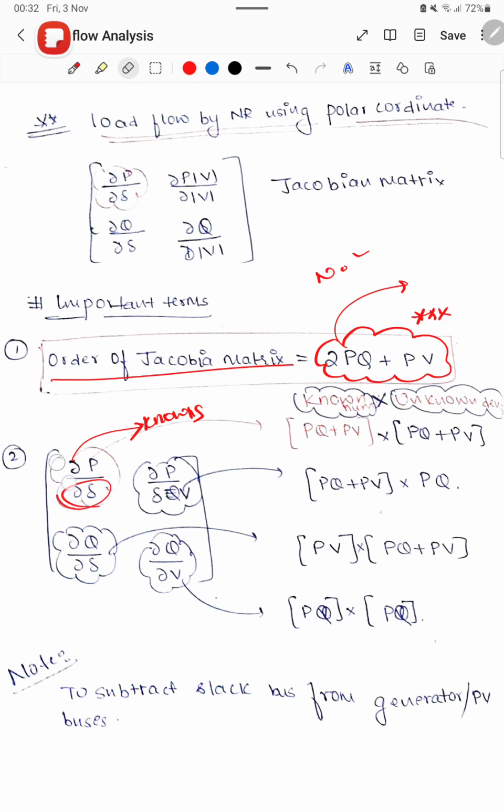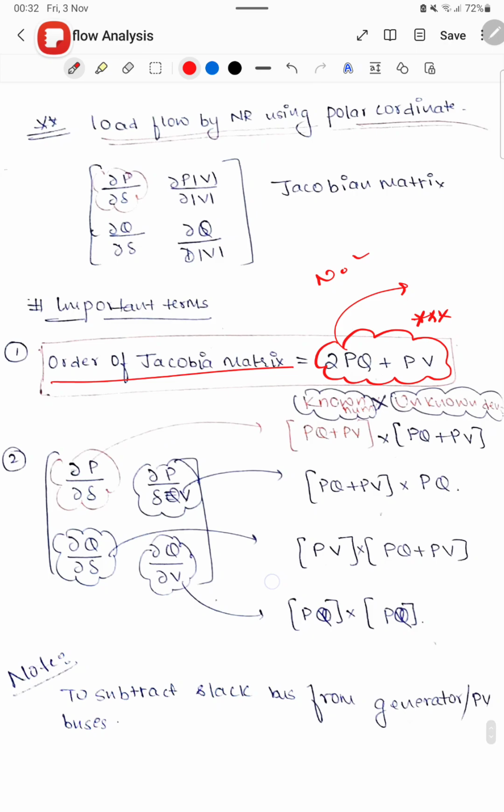We shall see an example as well. For example, order of this would be what? Del P is known in PQ and also PV bus, and d del is unknown in both PQ and PV. So the order of the first one becomes this.